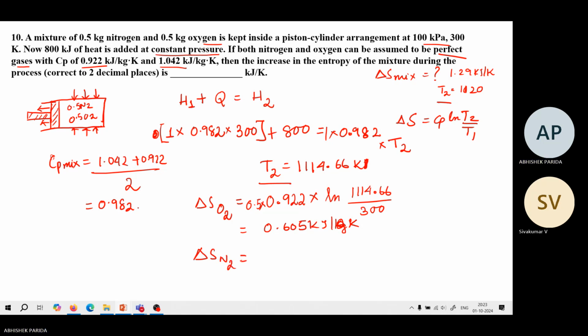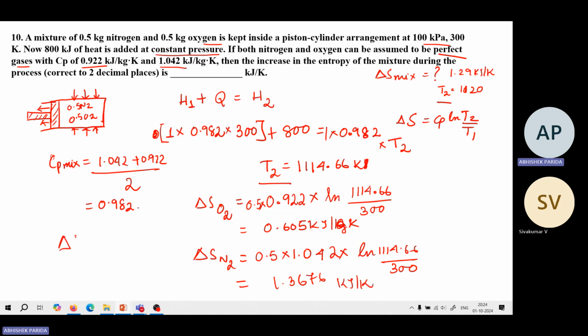Delta S of N2 is 1.36 kilojoule per Kelvin.